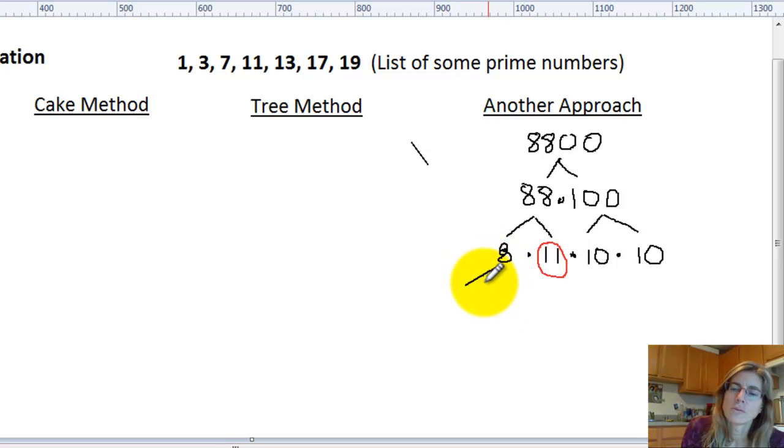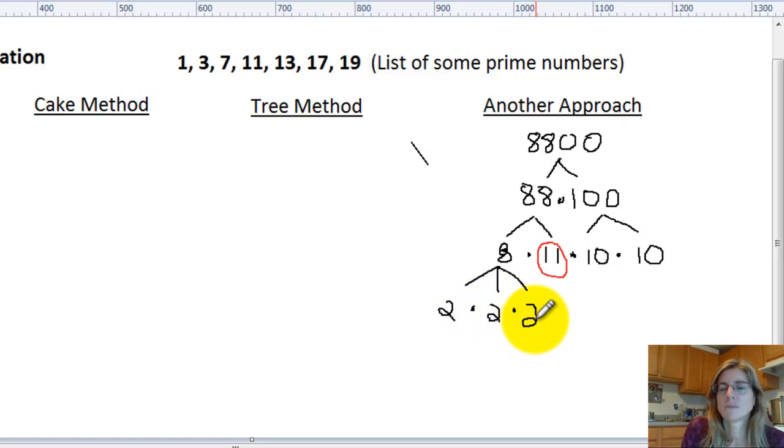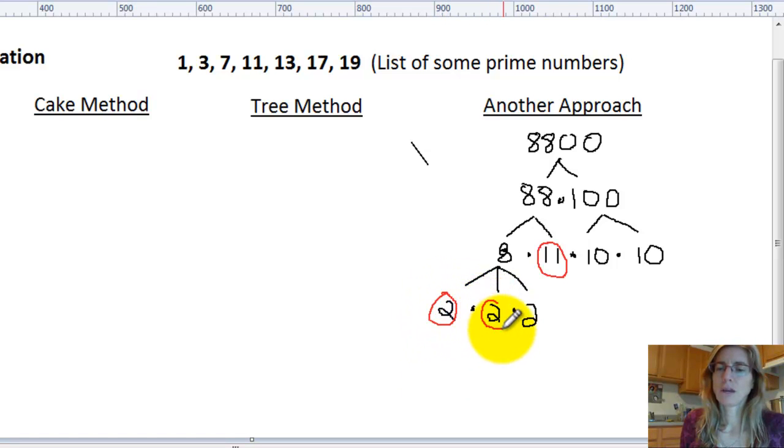I know, because I've done this many times, that 8 is 2 times 2 times 2. That's basically the prime factorization of the number 8, because 2 times 2 is 4, times 2 is 8. And that breaks that down so that now we have only prime factors of 8.